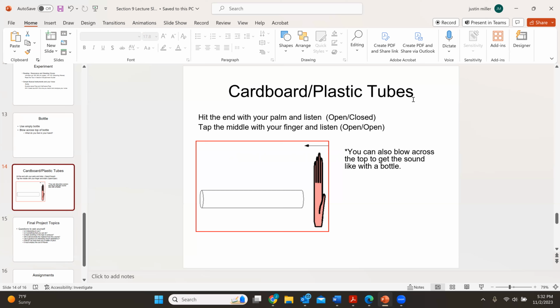But then I can also go like this, where I hit this end, then it's open, or if I cup my hand over it, anyways, I could keep on playing around with that, but it produces a certain sound depending on whether I have it be an open system or an open closed system. So you can play around with something like that.